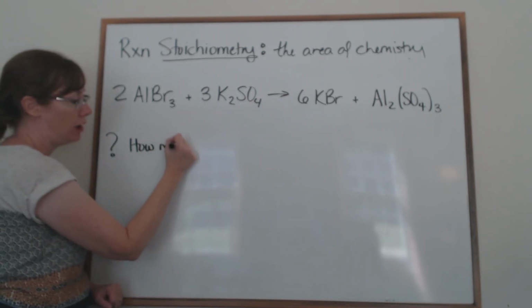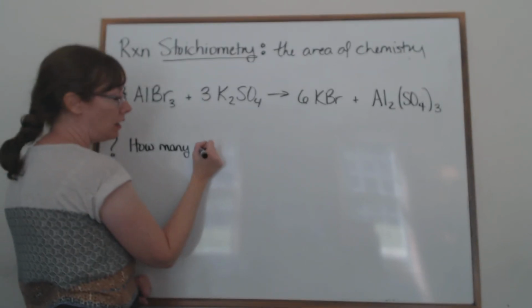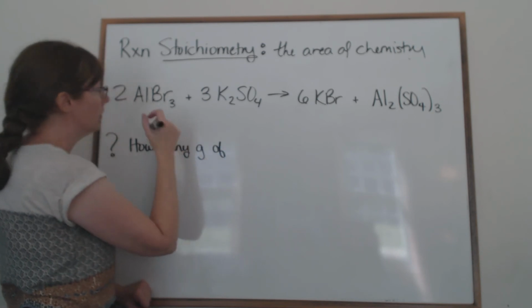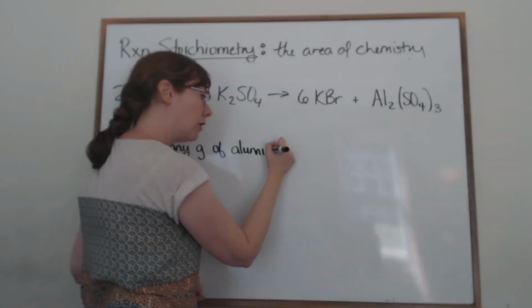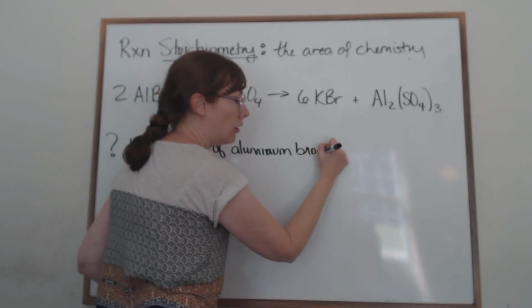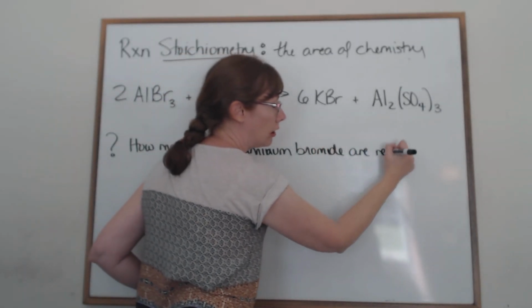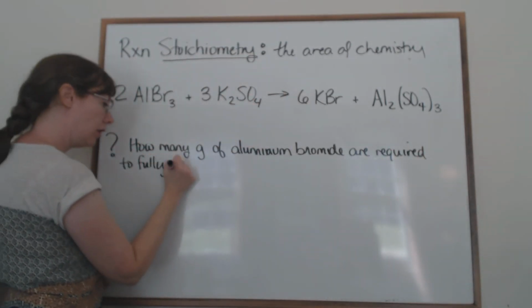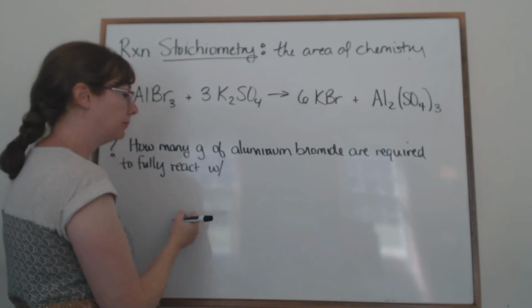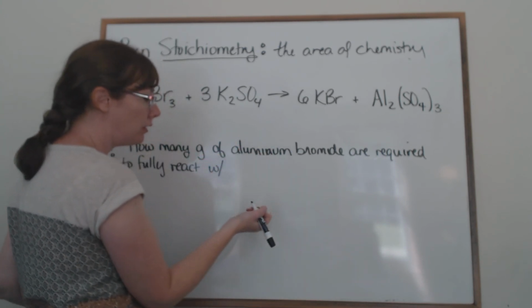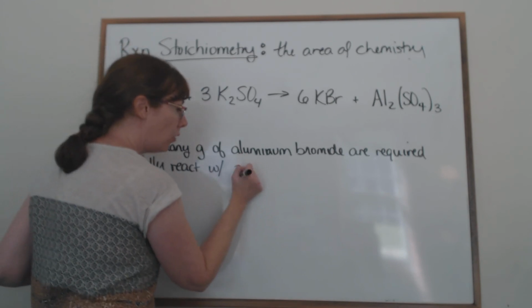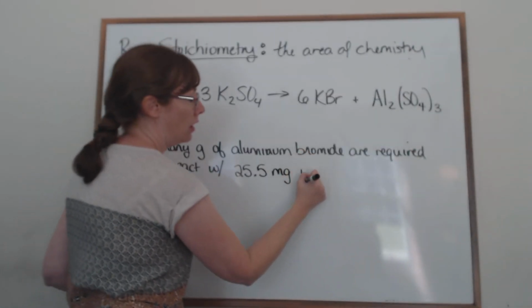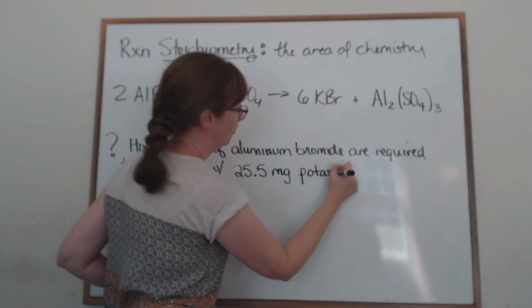How many grams of aluminum bromide are required to fully react with, let's put a little metric conversion at us here, 25.5 milligrams of potassium sulfate.